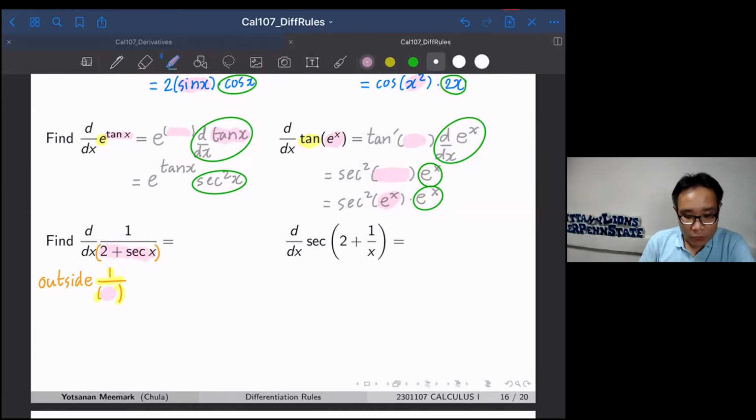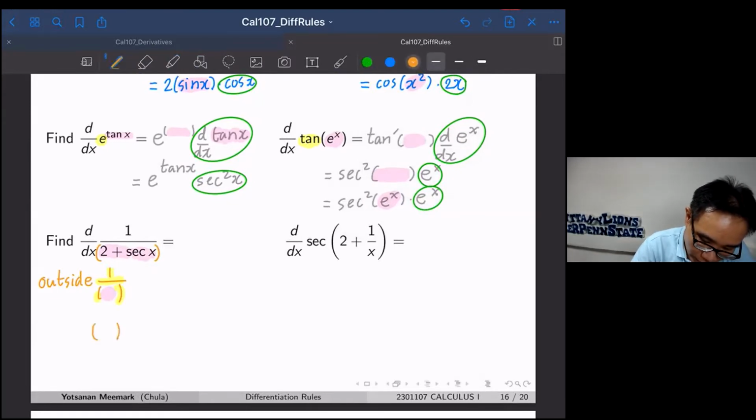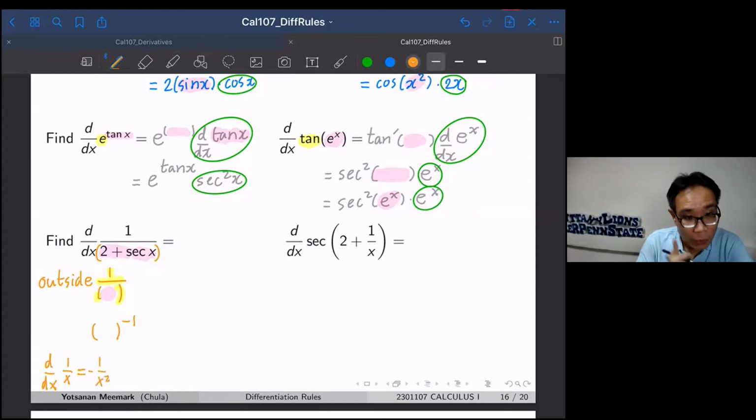So the outside is 1 over. When you differentiate 1 over, this one is that parenthesis to the negative 1. I taught you that when you take d/dx of 1 over x, this is going to be negative 1 over x squared. Please memorize this one.